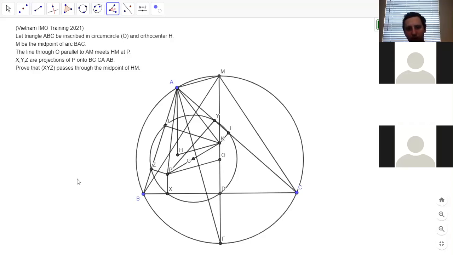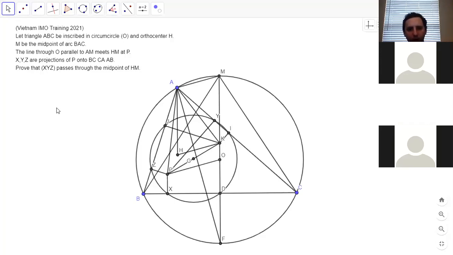I think if we can prove that AHK is similar to AOP prime, then it is done. We can prove MH and B prime are collinear, if we can prove that they're similar.